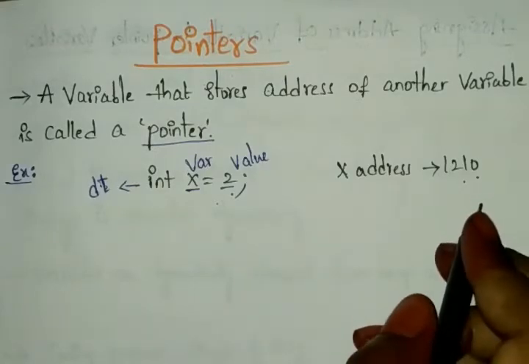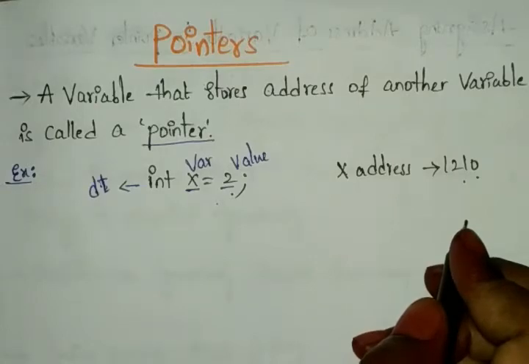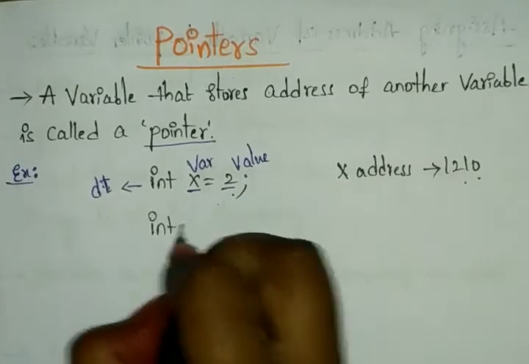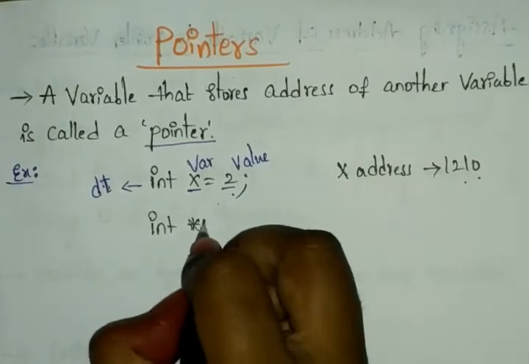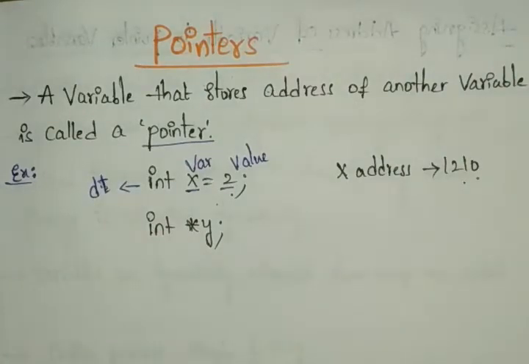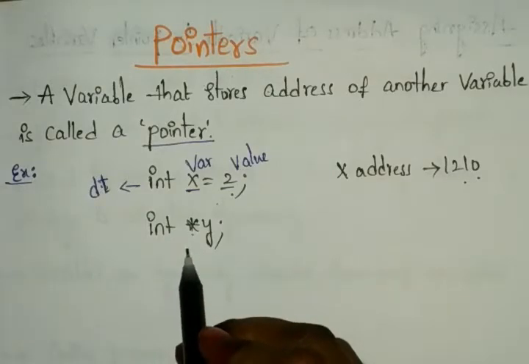And for example, I'm choosing another variable, that is y. I'm choosing another variable as a pointer. If you're defining a pointer, the pointer will always have a symbol like this. Before the variable you declare the pointer symbol.